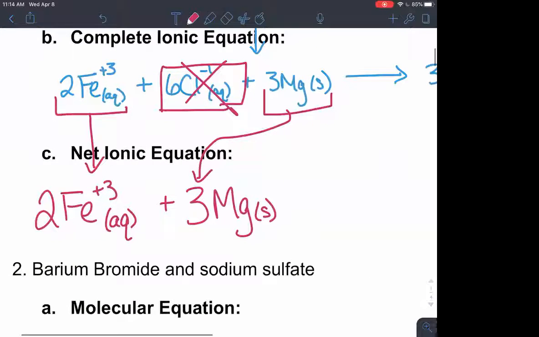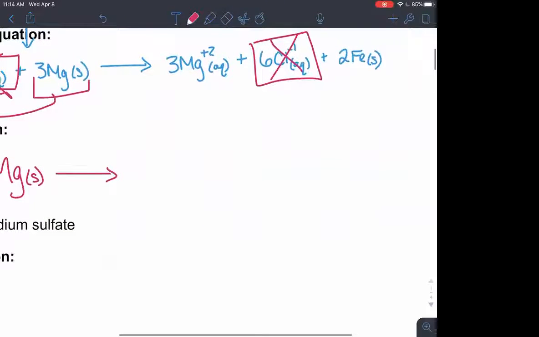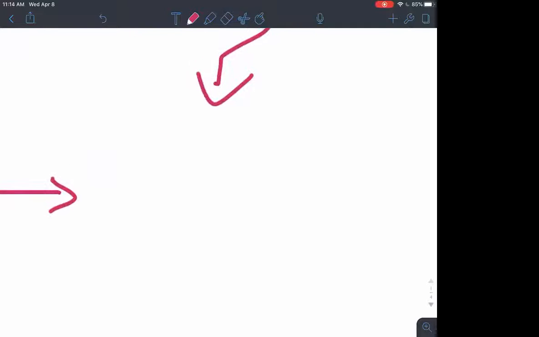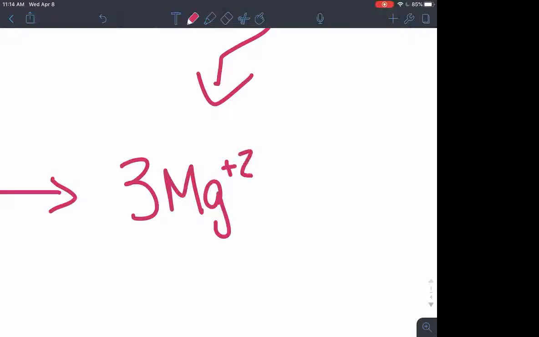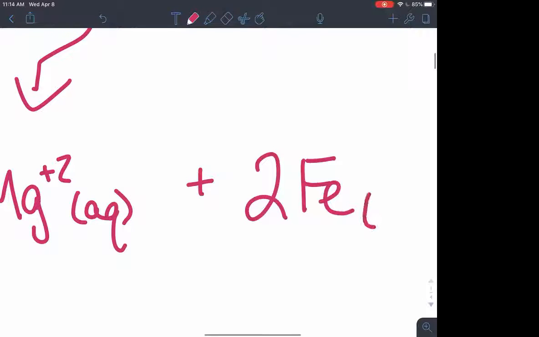So now we draw our arrow, our yield sign, and everything that we see left on our complete ionic equation has to go in our net ionic equation because nothing else can cancel out with it. So we're going to bring down our 3 magnesiums with the +2 charge as aqueous. And we're going to bring down the 2 iron solids.